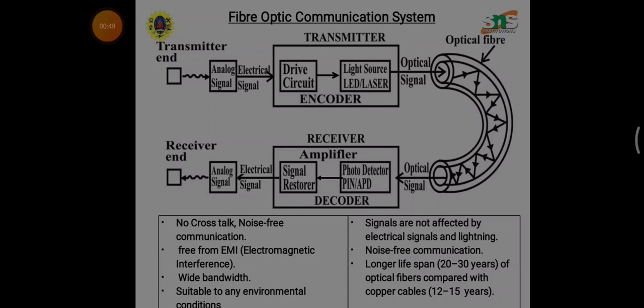The transmitter consists of a drive circuit and a light source. The drive circuit transfers the electric input signal to digital pulses, and the light source converts that into optical pulses. The light source is usually an LED.